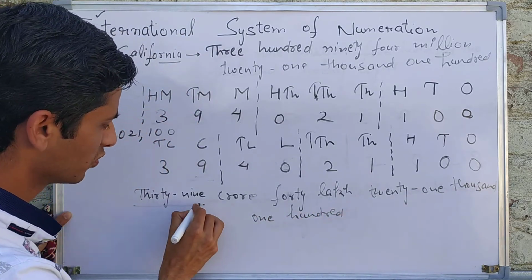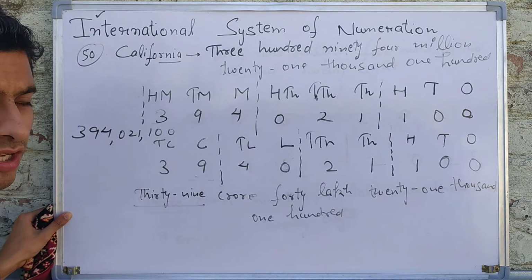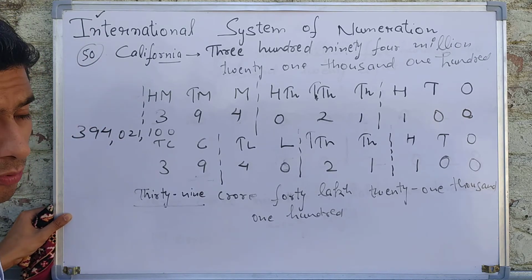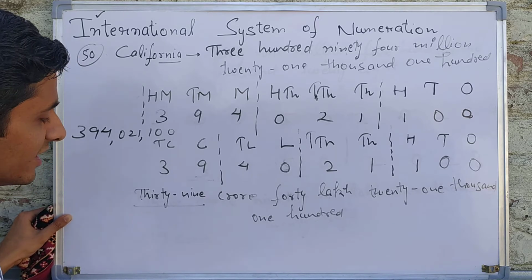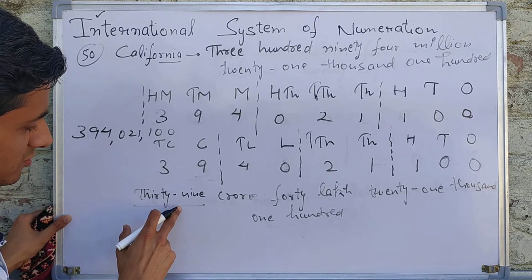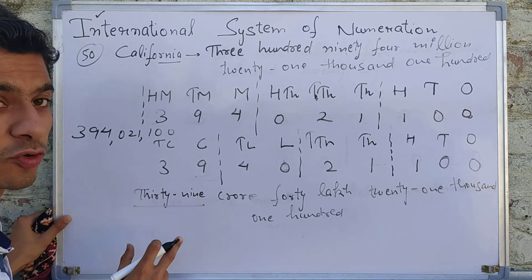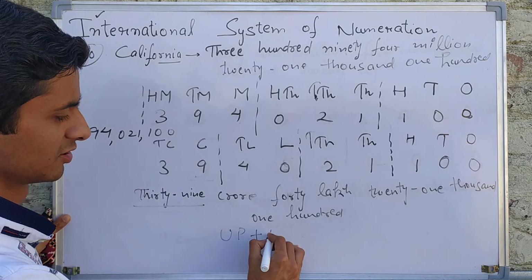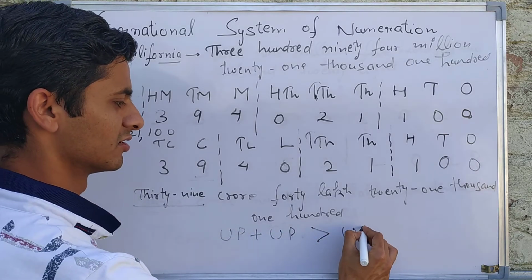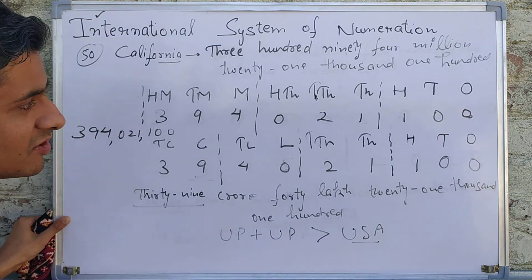So population of USA is 39 crore. Population of the most populated state of India is around 20 crore, more than 19 crore. So you can see, if you combine two Uttar Pradesh, it would be more than USA, and there is no comparison with India.